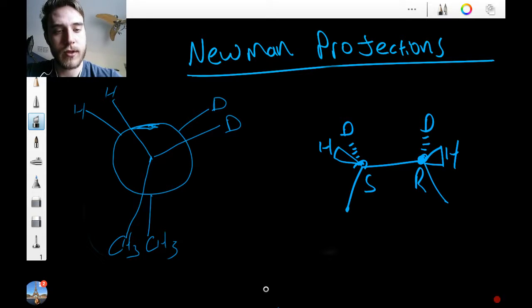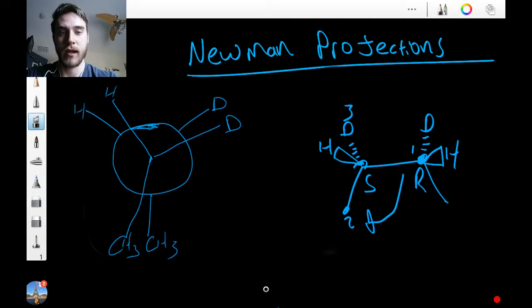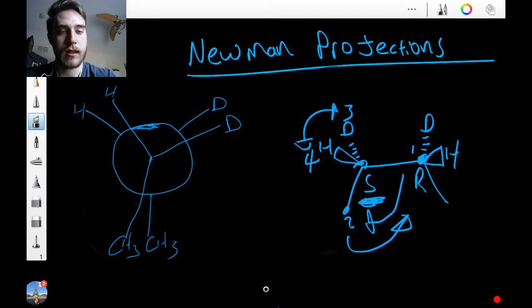And this would be our number 2 priority group, so 1, 2. The deuterium would be 3. And it looks like from 1 to 2 it would be in the clockwise direction, which would make it R, but our 4th priority group is in the front, so if we actually switched these two, we'd have to also switch the stereochemistry to make this an S, so it would really be in the anti-clockwise position.